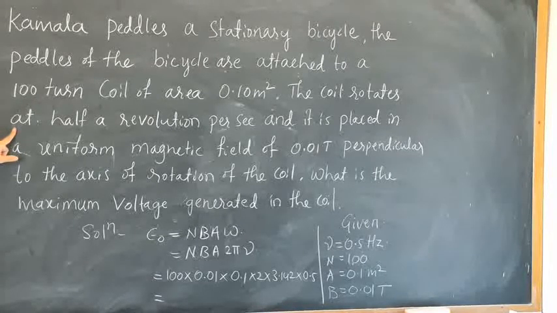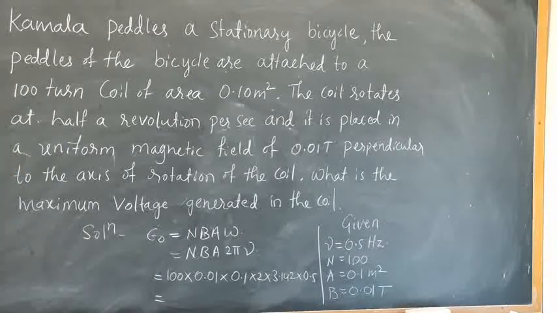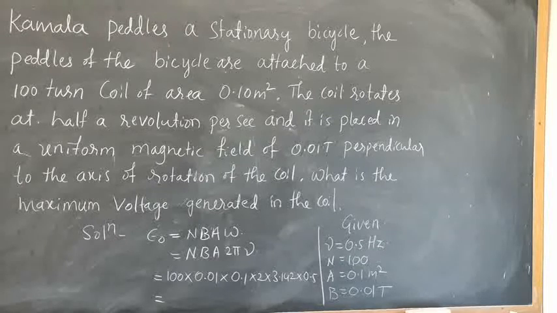The coil rotates at half a revolution per second and it is placed in a uniform magnetic field of 0.01 Tesla. That means B is equal to 0.01, perpendicular to the axis of rotation of the coil. The magnetic field is perpendicular to the axis of rotation. Now here we have to calculate the maximum voltage generated in the coil.